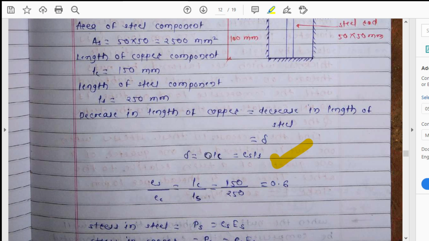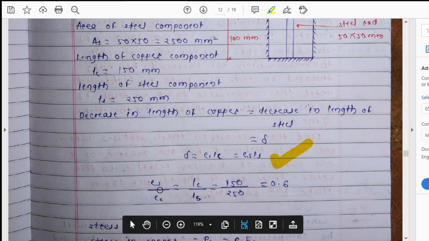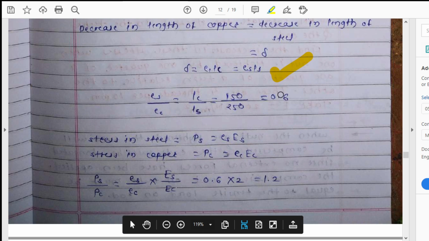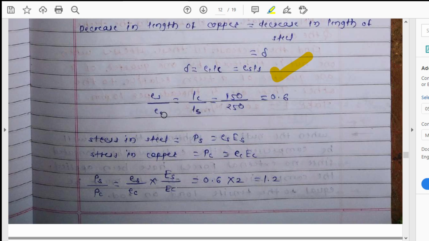Delta equals strain into length. So ES upon EC equals LC upon LS. By cross multiplying, you will get the strain ratio ES upon EC as 0.6.